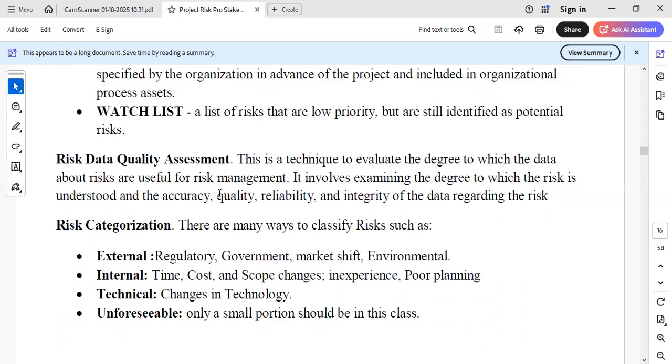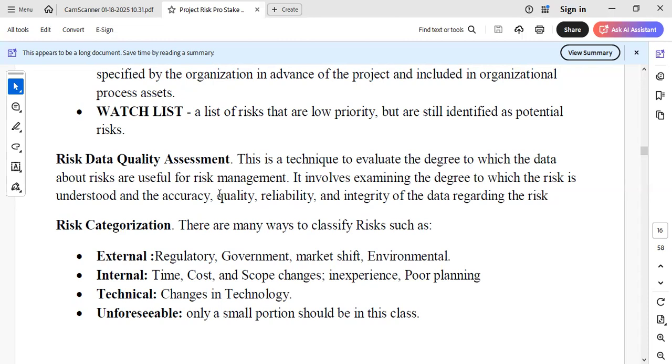So, risk data quality assessment. This is a technique that enables us to evaluate the degree to which the data about the risk are useful for risk management. Now we have gotten some knowledge about the risk. Are they useful? Can they aid us in carrying out risk assessment? So the data we've gotten, can it really give us some insight about the nature of that risk and how it would occur?